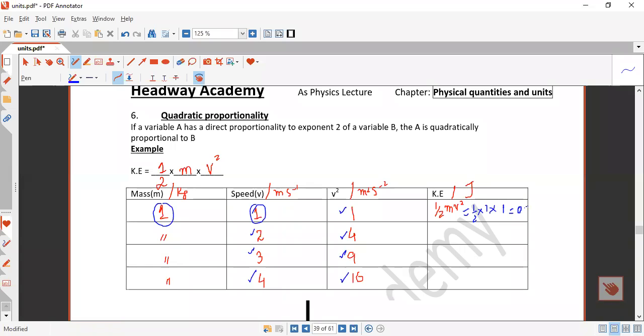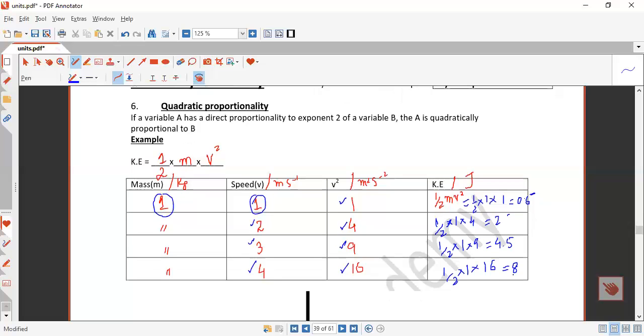So 0.5 joules is the kinetic energy in the first case. Then half into mass into 4, so 2 joules. Then half into mass into 9, so 4.5 joules. Then half into mass into 16, so 8 joules. So we got the data, students.